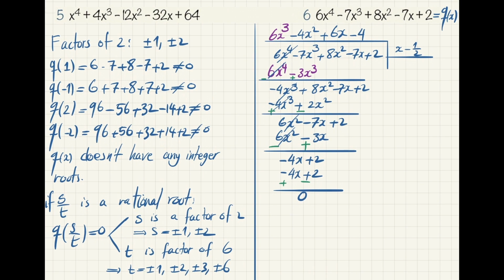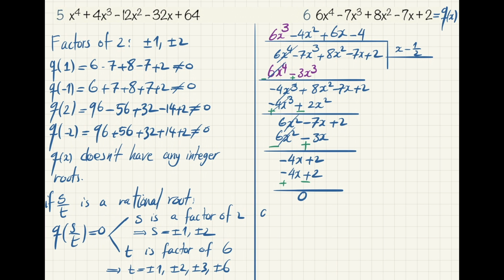Okay, so what can I do now? I can write that the divisor multiplied by the quotient gives me the original polynomial.